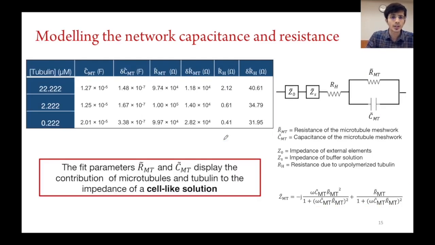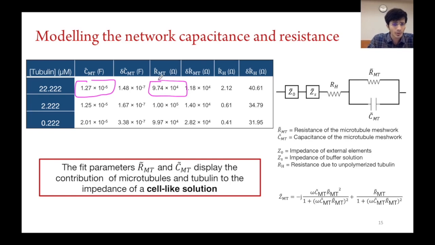When you fit it, you get fit parameters that indicated that the microtubule network's capacitance was in the microfarad regime, and the microtubule network resistance was in the kilo ohm regime, at intracellular concentrations.